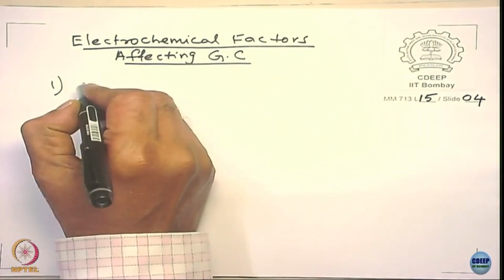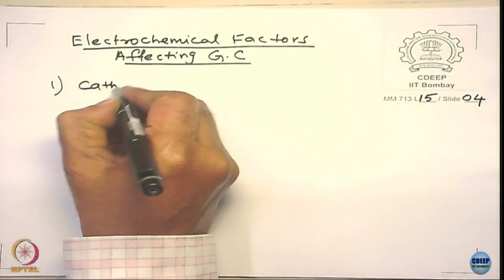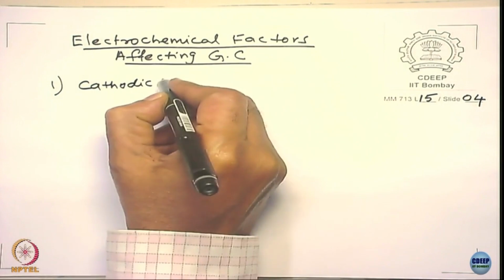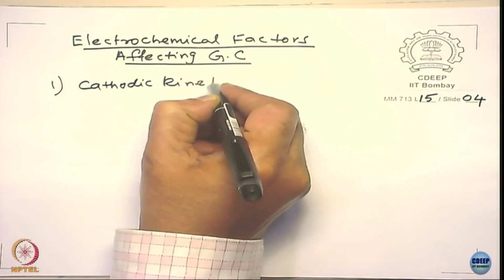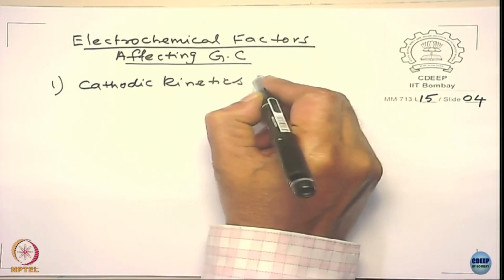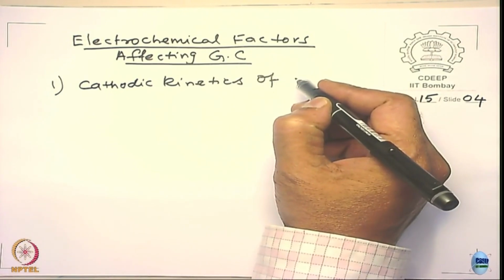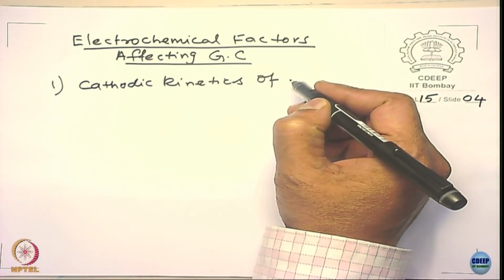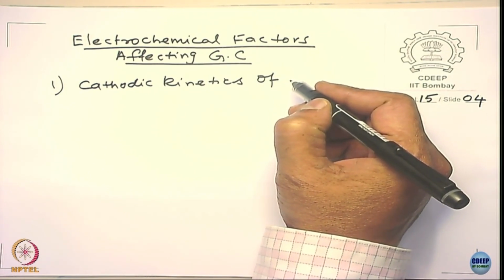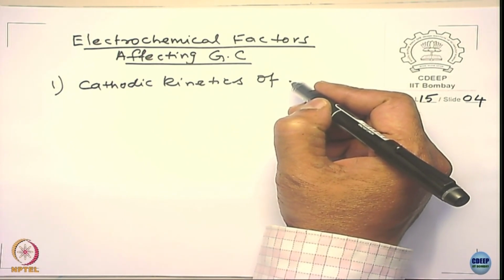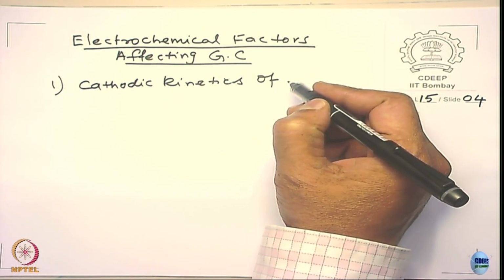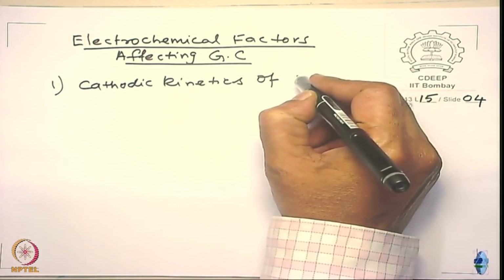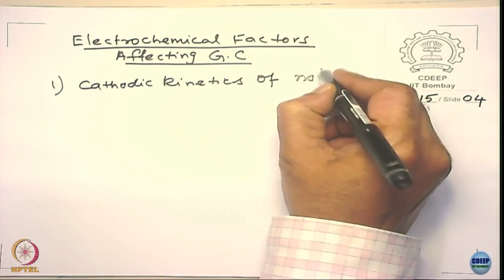We can say that one, the cathodic kinetics of which of the two, the noble or active metal, will influence the galvanic corrosion? The cathodic kinetics of the noble metal.